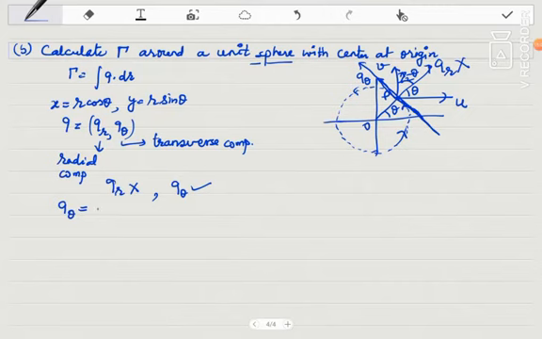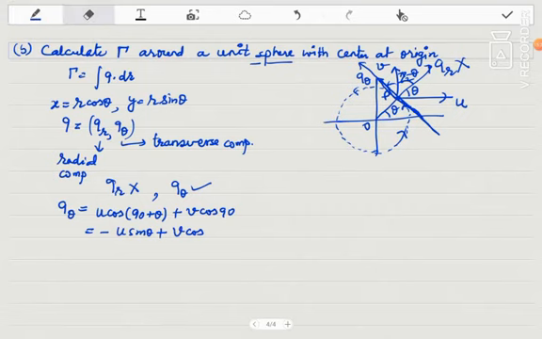So it will be u cos of 90 plus theta, plus, now I will resolve v, this is again theta, plus v cos theta. So this is minus u sin theta plus v cos theta. So I put the values of u and v.